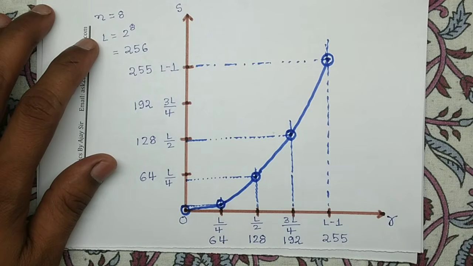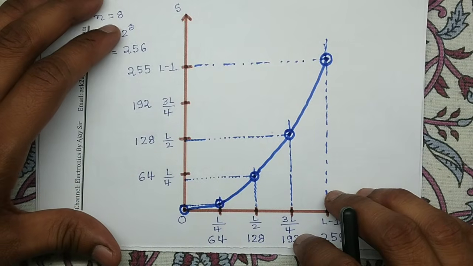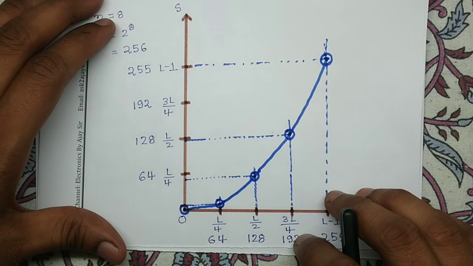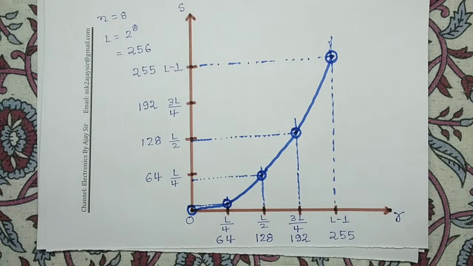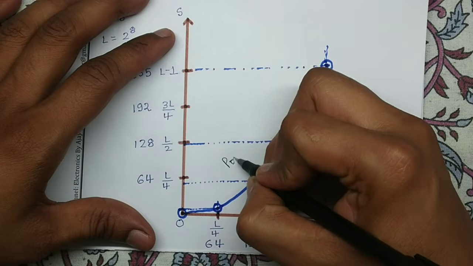So this represents the power law transformation characteristics plot when gamma equals 2.5. So this is the characteristics of power law transformation.